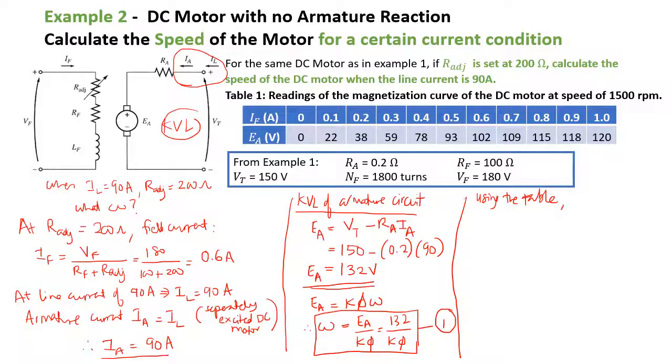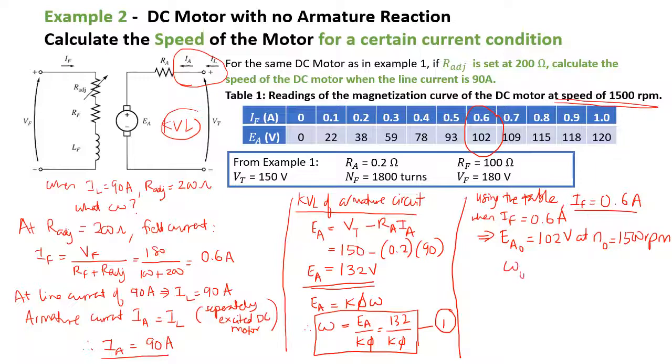We need to see what is the value of the EA at the field current. So we know that IF is equal to 0.6 ampere. We just calculated that. And from the table, when IF is equal to 0.6 ampere, the EA0 is 102 volts at a speed n0 of 1500 rpm, which is the speed of the table.